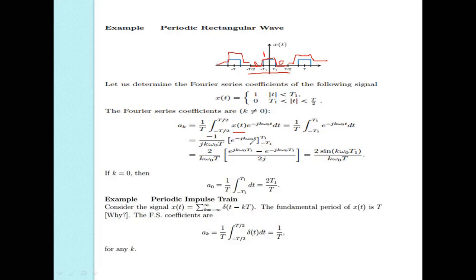Substitute t as t1 here, and the lower limit as minus t1. Whenever it is minus t1, the exponential becomes positive, and with the minus outside, the positive exponential stays positive and the negative exponential becomes negative. Got it, my dear friends?